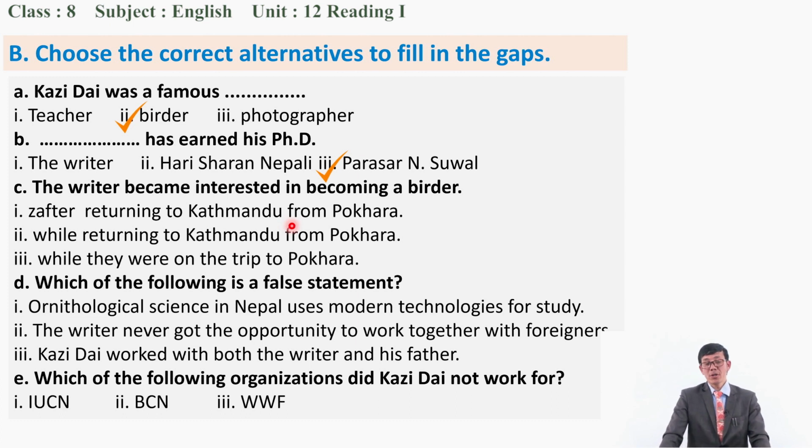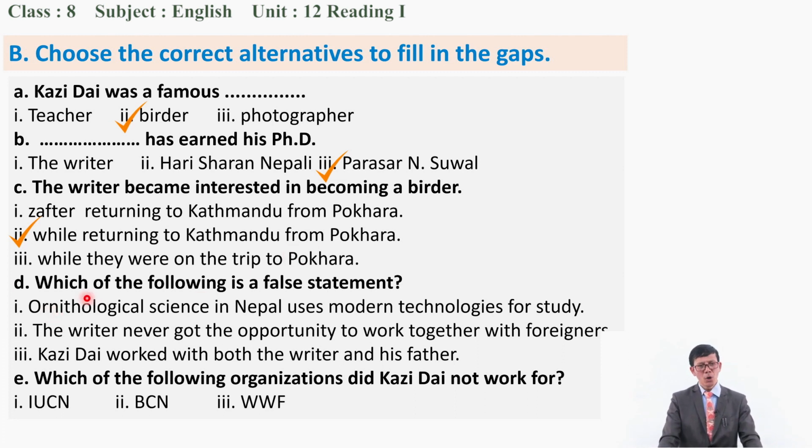While they were on the trip to Pokhara? Or after returning to Kathmandu from Pokhara? Can you please guess which one is the correct answer? So you are right. While returning to Kathmandu from Pokhara, on the way, on his journey, he developed his interest of studying birds.